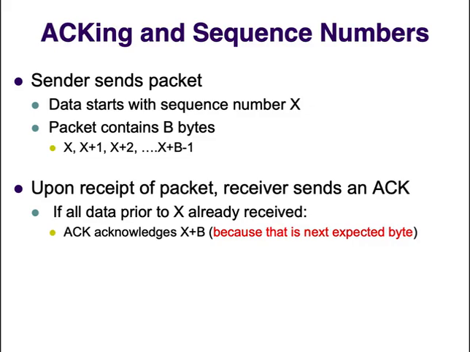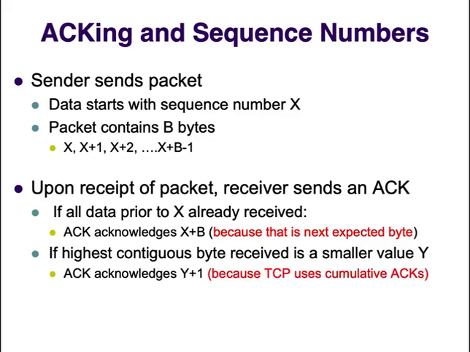But what if you hadn't received all the bytes before X, so you have some gaps at the receiver? Let's say that Y was the highest contiguous byte received. You had received all bytes up to Y, and between Y and X there were some missing bytes. And now you have bytes from X to X plus B.